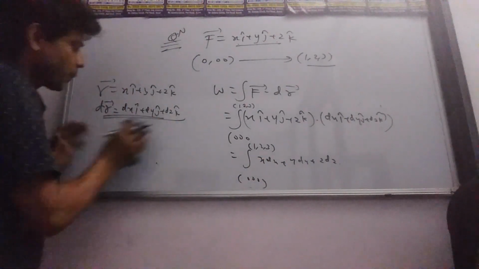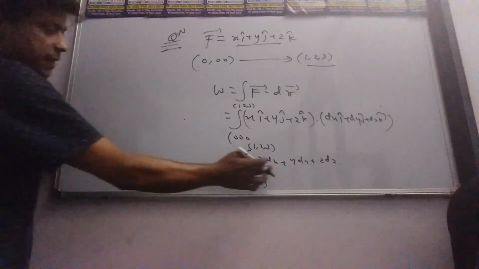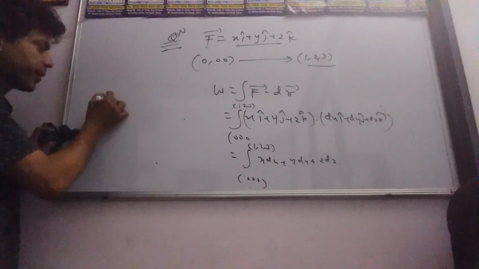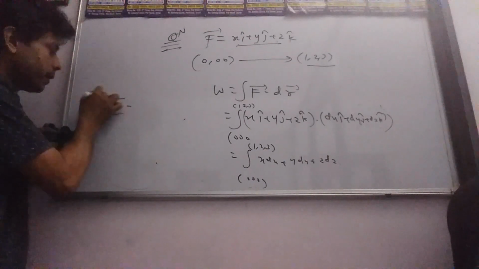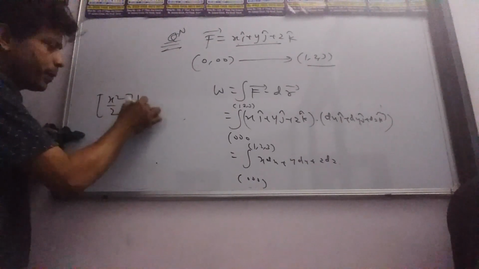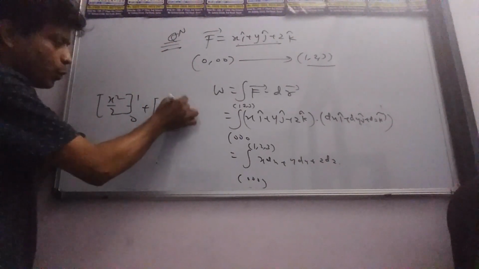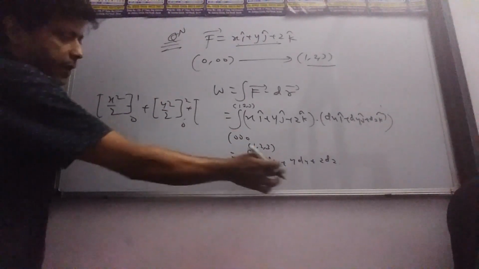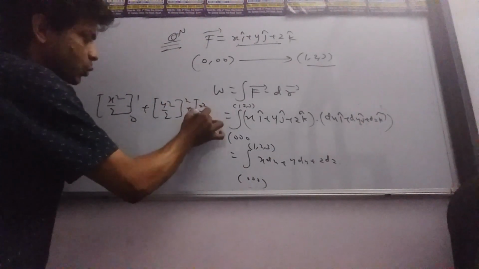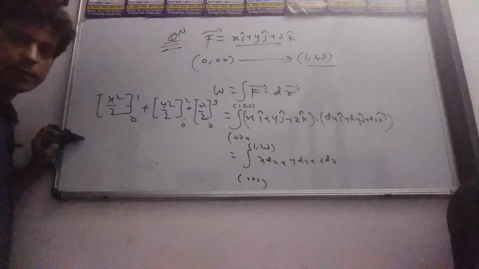Now it is x dx, y dy, z dz. x square by 2, limit 0 to 1, plus y square by 2, 0 to 2, and z dz, z square by 2, 0 to 3. Okay.